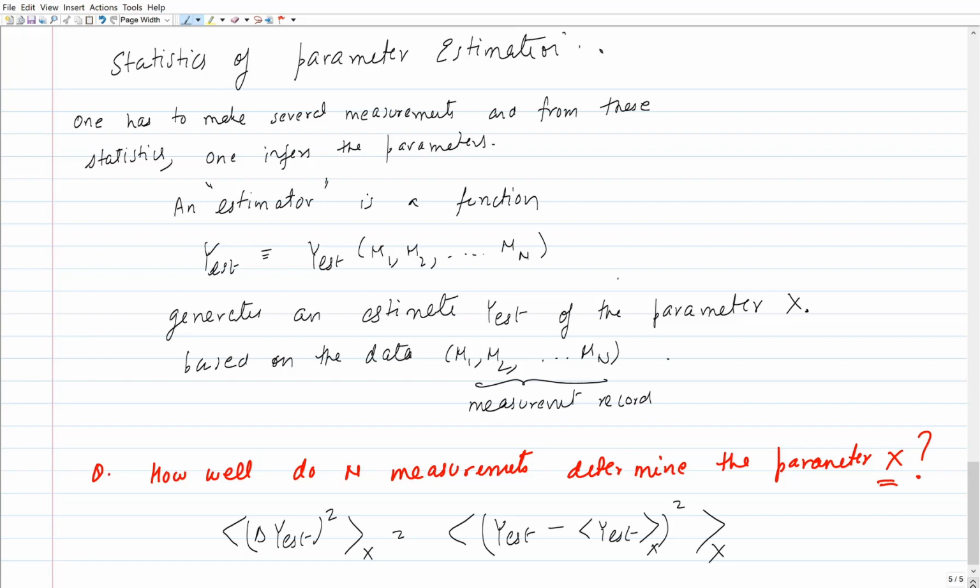I'll just give you an example. Let's say this is the x-axis, which would contain the value of the parameter which is to be estimated, and let's say in actuality this was the value of the parameter.